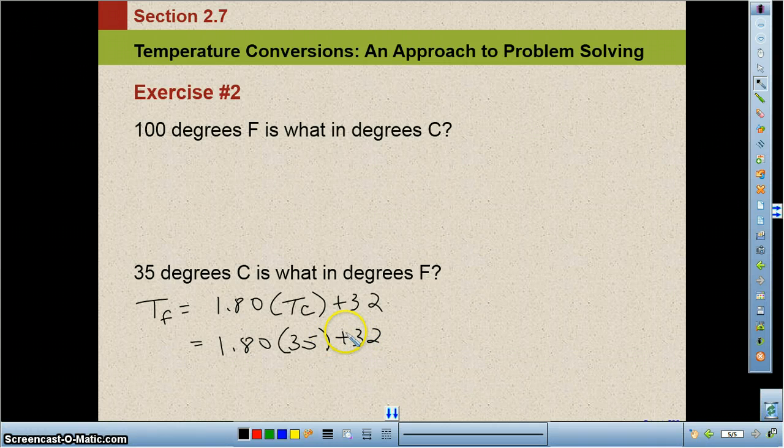So 35 times 1.8 is 63 plus 32, and that's going to equal 95 degrees Fahrenheit. So when it's 35 Celsius outside, and if you're thinking Fahrenheit, that's kind of chilly, you have to realize that that's about 95 degrees Fahrenheit in the real world.